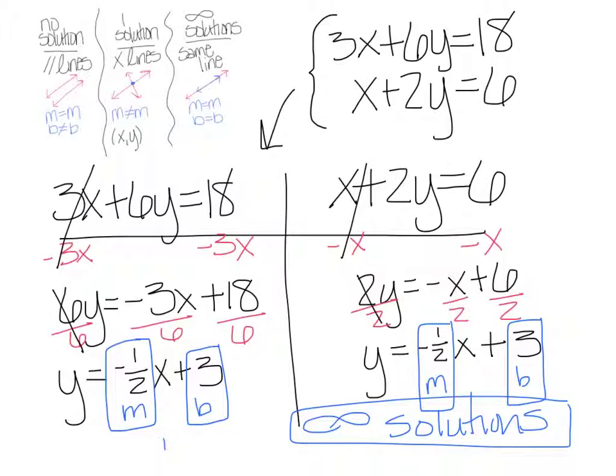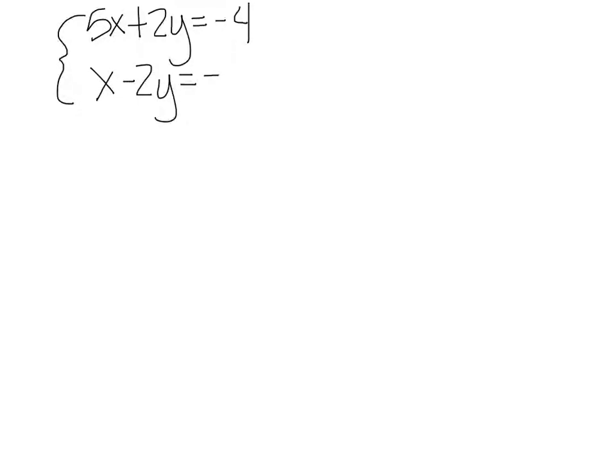Alright, moving on, let's look at an example of a single solution or no solution. Let's say we have a system with the equations 5x plus 2y equals negative 4 and x minus 2y equals negative 8. Again, I'm just going to put these in y equals mx plus b so I can see what I'm dealing with. So let's go ahead and write them side by side.